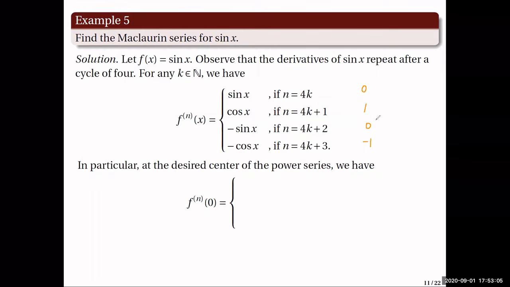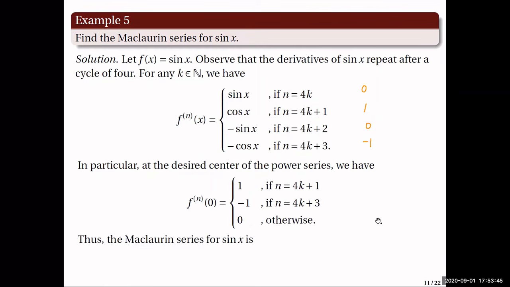So notice that we only have 3 values for fn of 0. They are 0, 1, and negative 1. And so we say that fn of 0 is equal to 1 if n is of the form 4k plus 1. Next, fn of 0 is equal to negative 1 if n is of the form 4k plus 3. And finally, fn of 0 is equal to 0 otherwise.